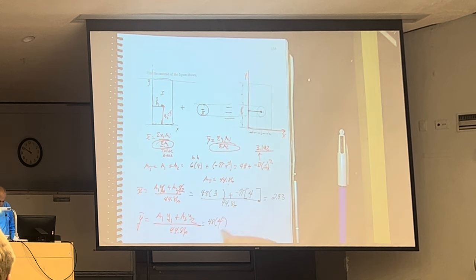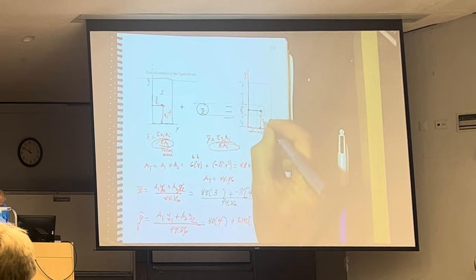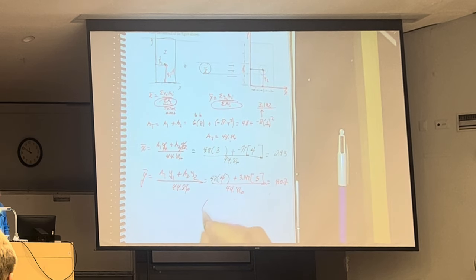So this has to be 48 times 4 plus 3.142 times, from the x-axis to the midsection, that's going to be my y2. That's going to be 2 plus half of 2, which is 1. That's going to be 3. Divide this by 44.86. Answer, 4.07. So my centroid lies at 2.93, comma 4.07.